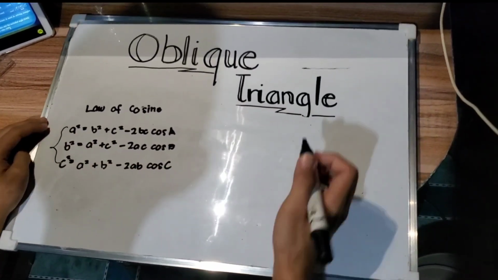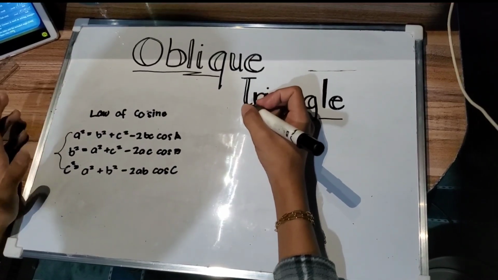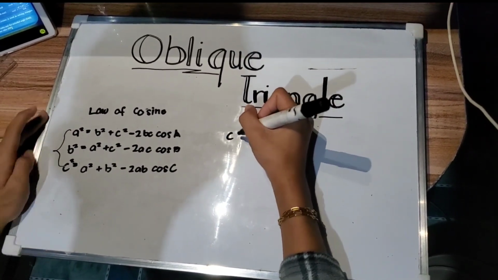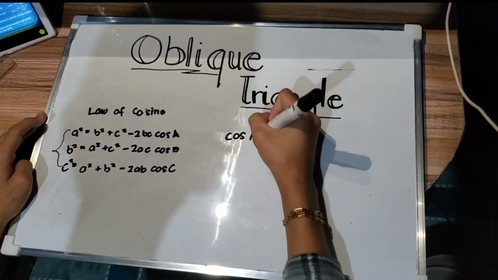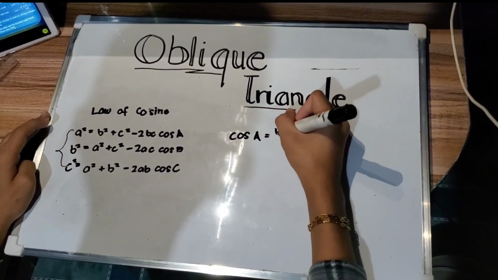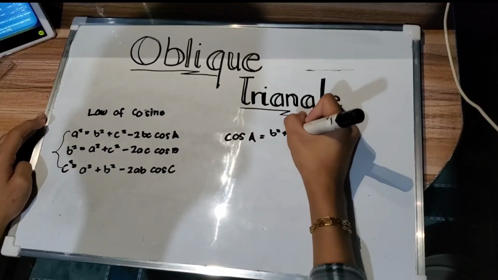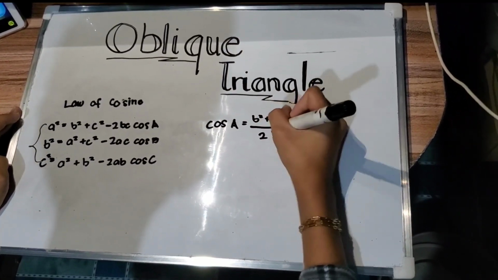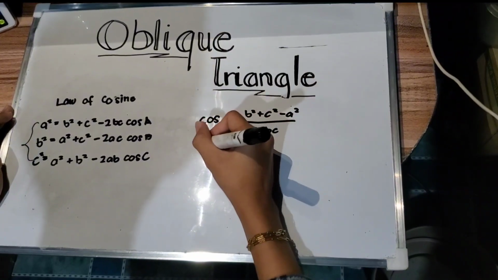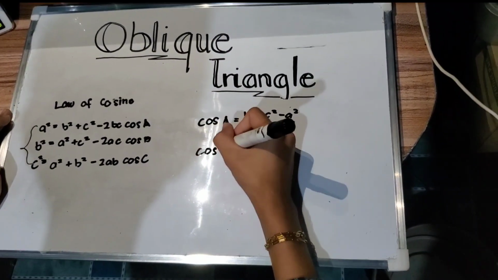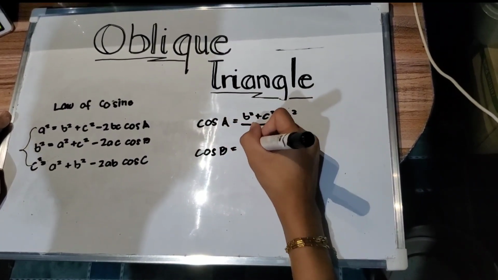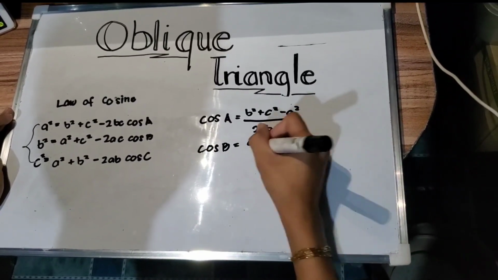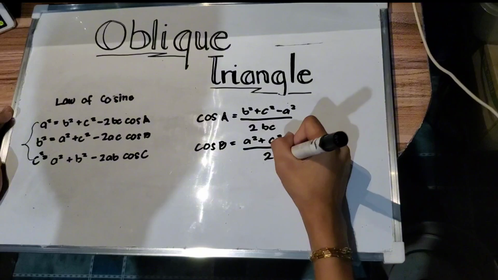And in finding the angles using the law of cosines, we're going to use cos A is equal to b squared plus c squared minus a squared all over 2bc. In solving cos B, we're going to use a squared plus c squared minus b squared all over 2ac.